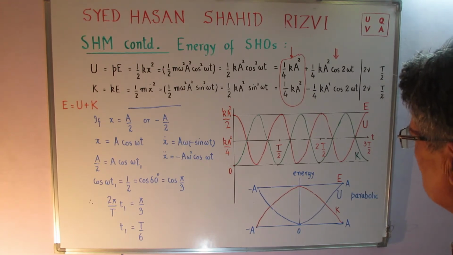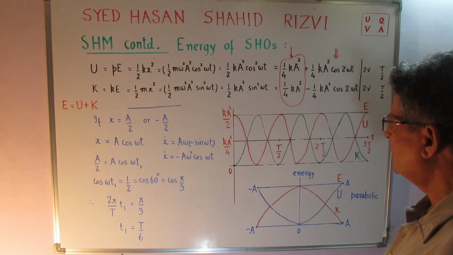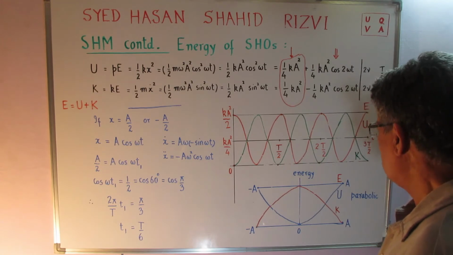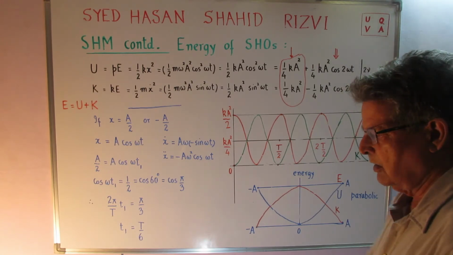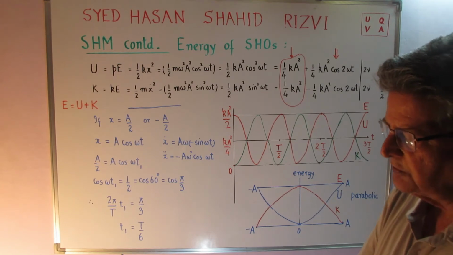So that shows that our harmonic oscillator is oscillating with double the frequency, or half the time period.